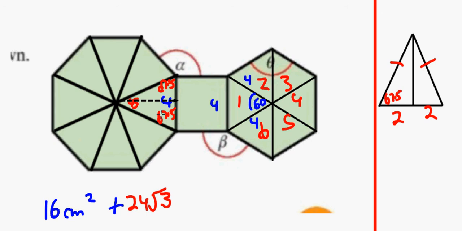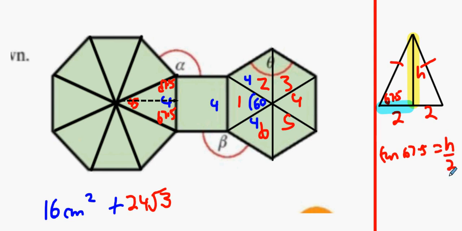Okay? So here's what we're going to do. I'm going to use the right angle rule, and I'm going to use tan. Why am I going to use tan? Opposite over adjacent. So I'm going to use tan 67.5 equals h over 2.